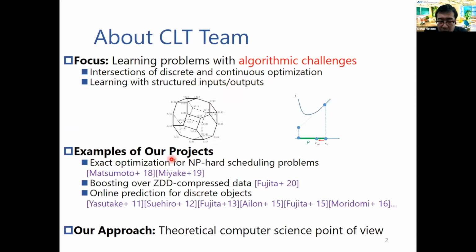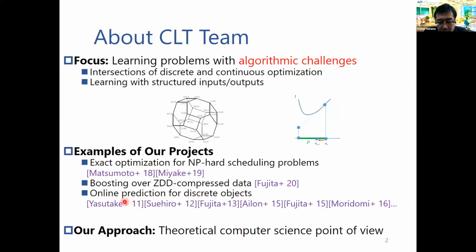Our projects include exact optimization of NP-hard scheduling problems using decision diagrams, or boosting algorithms over complex data with zero-suppressed decision diagrams. It compresses the training data and runs the boosting algorithm over it.